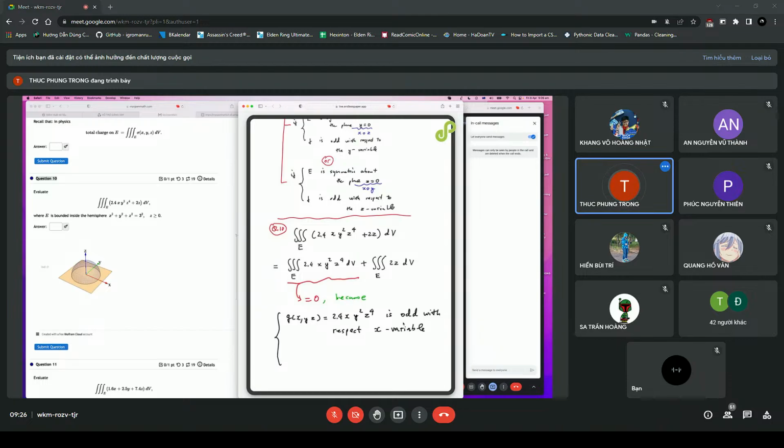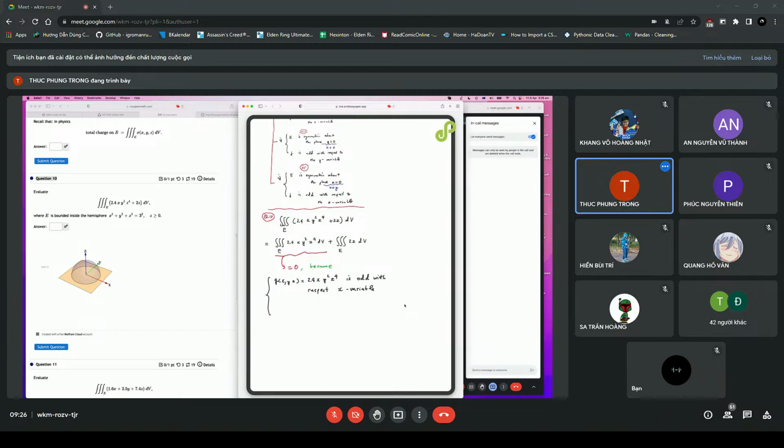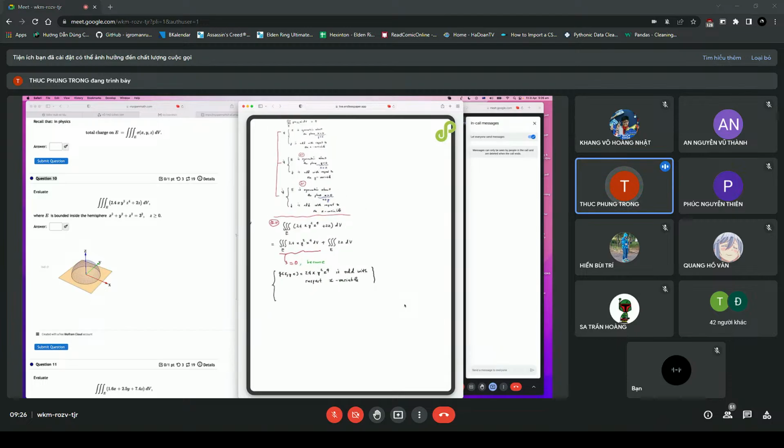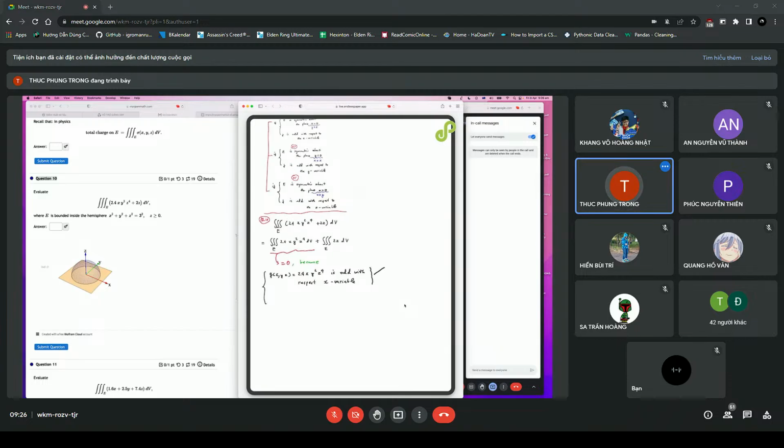So maybe I just wrote out the definition right here, so that if you don't know exactly what a function with a property like this is: z of minus s, y, z is always equal to minus z of s, y, z, for any s, any y, any z.